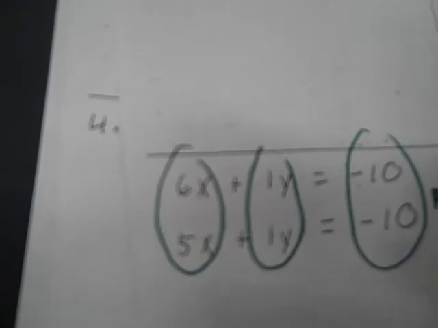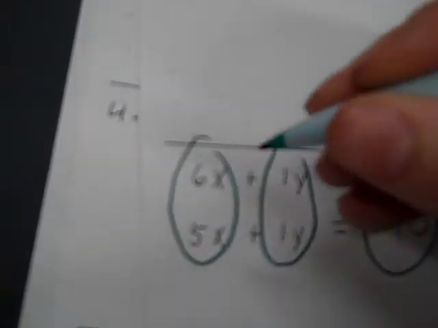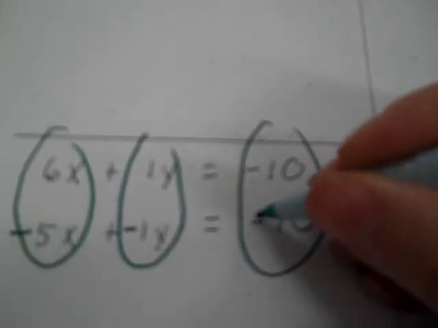So 6 plus 5 is 11, so I did not get 0. 1 plus 1 is 2. I didn't get 0 there either. So I need to do the sign switch. Okay, the opposite of 5 is negative 5. The opposite of 1 is negative 1. And the opposite of negative 10 is positive 10.